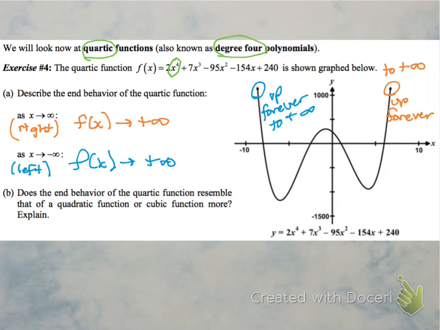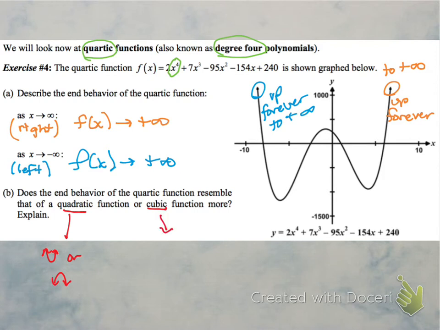So does the end behavior of the quartic function resemble that of a quadratic function or a cubic function? So this is sort of like a multiple choice question here. Is it more like a quadratic or more like a cubic? Well, remember my quadratic went like this or like this, right? So it had the end behavior going up on both sides or down on both sides.